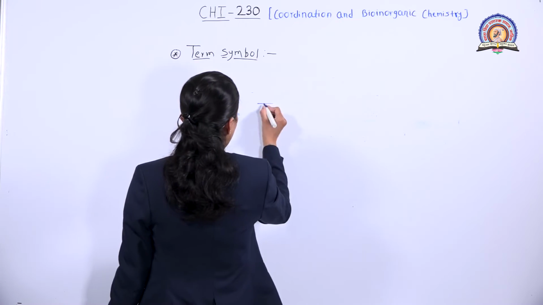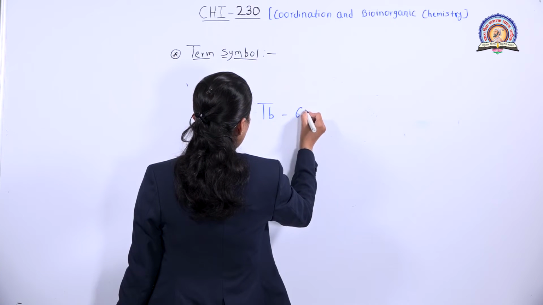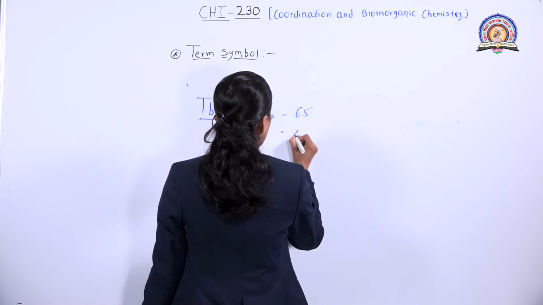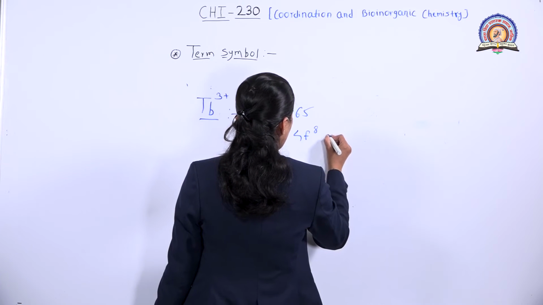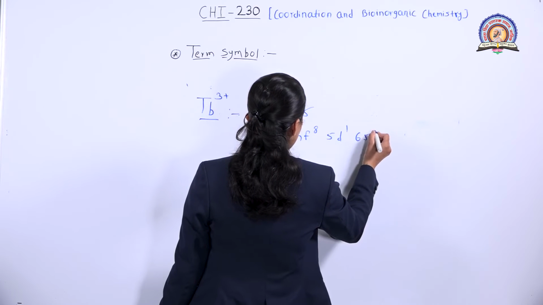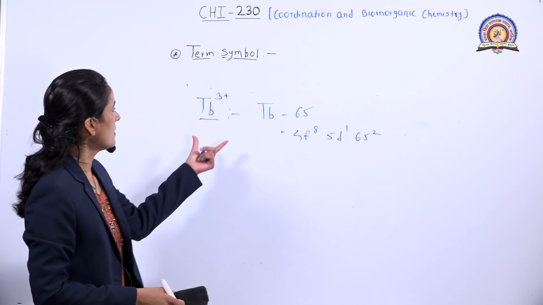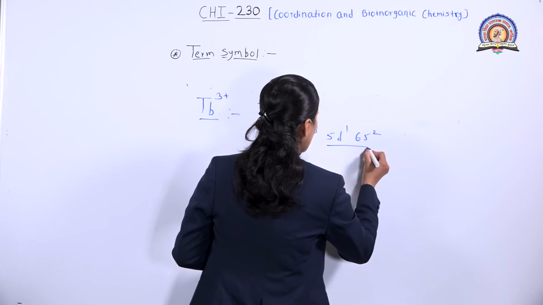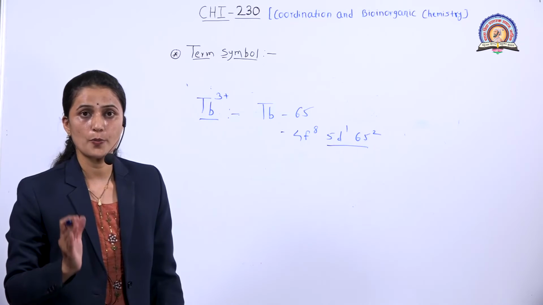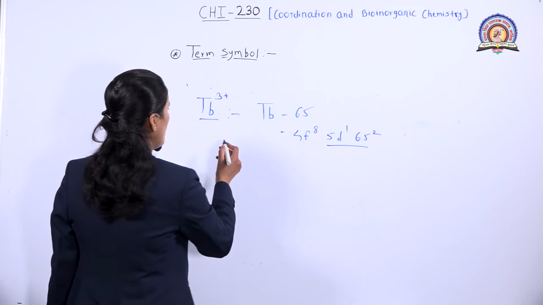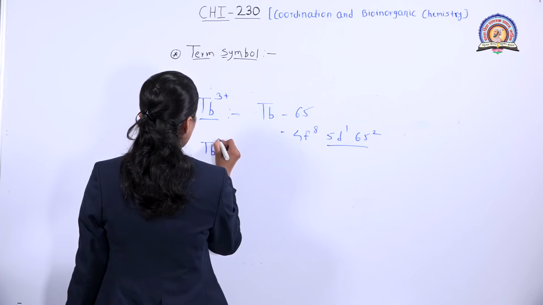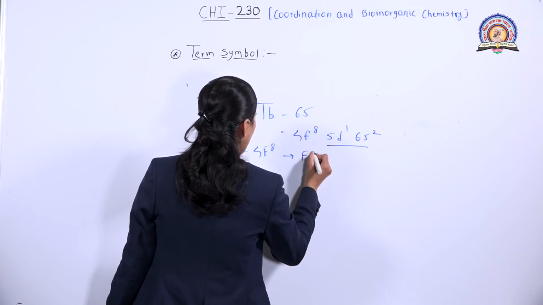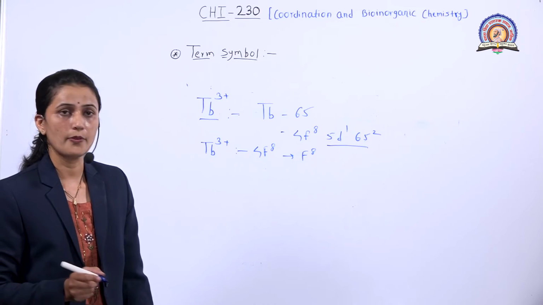The atomic number for terbium is 65 and the valence electronic configuration is 4f8 5d1 6s2. But as Tb carries a plus 3 oxidation state, there is loss of these 3 electrons because they occupy the outermost shell. So the final electronic configuration for Tb3+ is 4f8, meaning we have an F8 system.